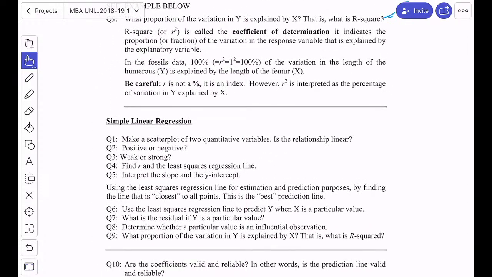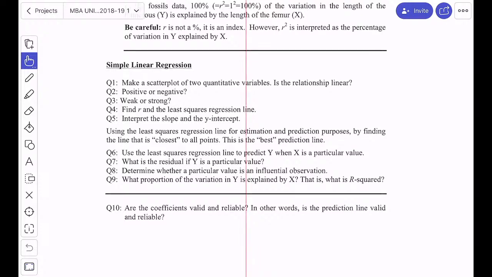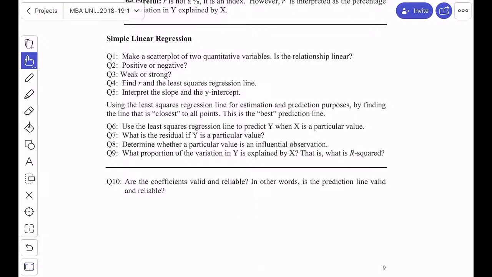So I just go through the types of questions that I can ask you, and they're listed here. You should be able to answer all those types of questions. And I put a line here because the 10th question, are the coefficients valid and reliable? In other words, is the prediction line valid and reliable?